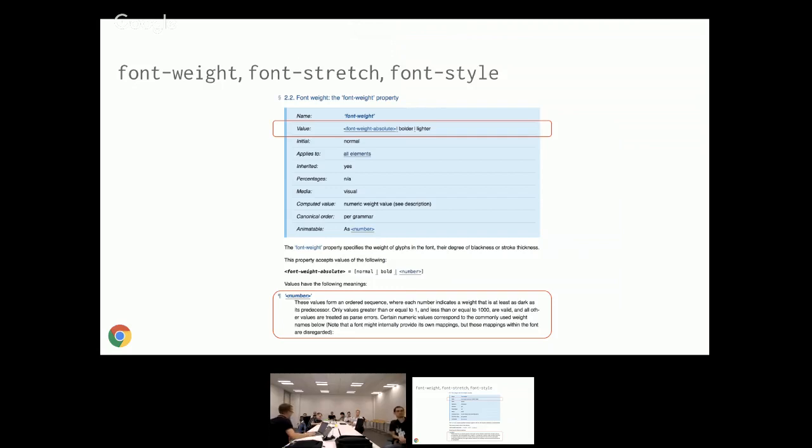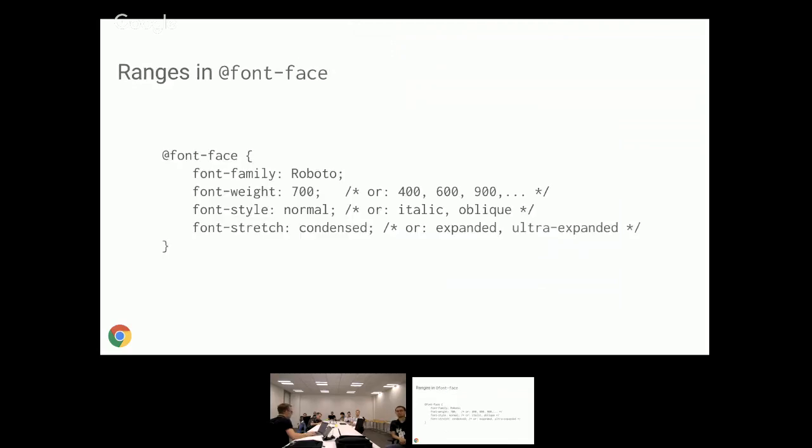And now that these properties have changed, it's also required to change what you can put in @font-face, because when you declare a font face in CSS, now that the font is variable, describing a font that you can download with only font-weight 700 is not enough anymore.